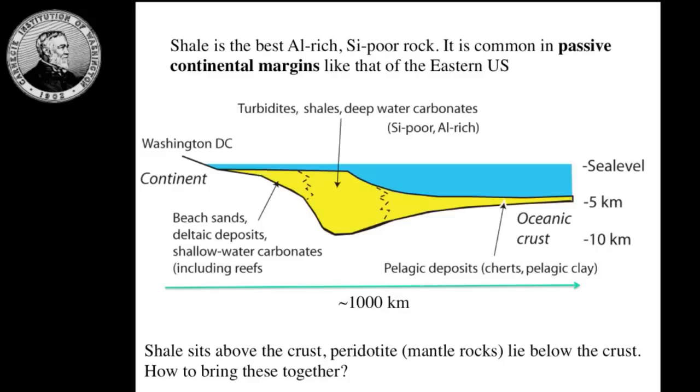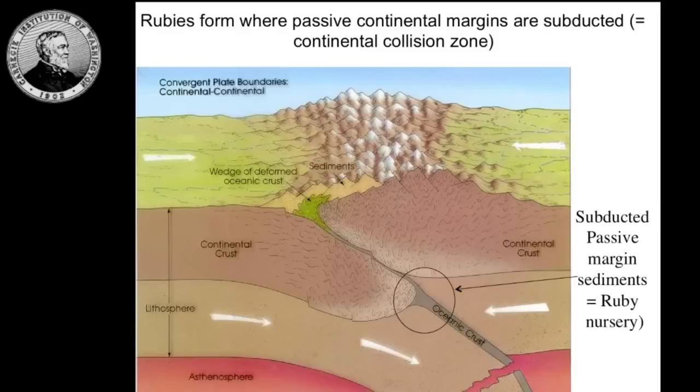So here are the shales, the aluminum-rich rocks that we can make our corundum out of. The chrome is down here, 30 or 40 kilometers below, somewhere. So how do we get the chrome-rich rocks up with the aluminum-rich rocks? The best way to do that is in this kind of environment, where you carry the passive margin sediments.